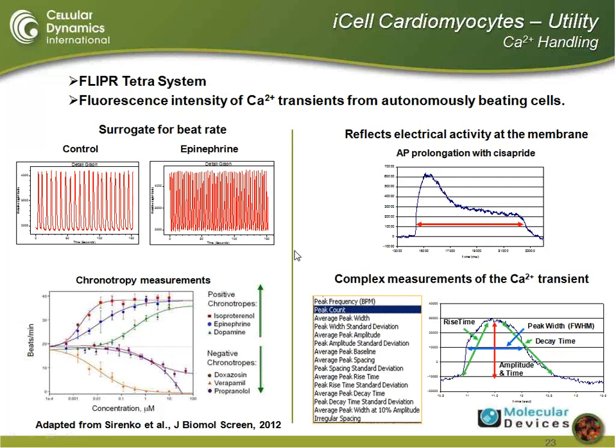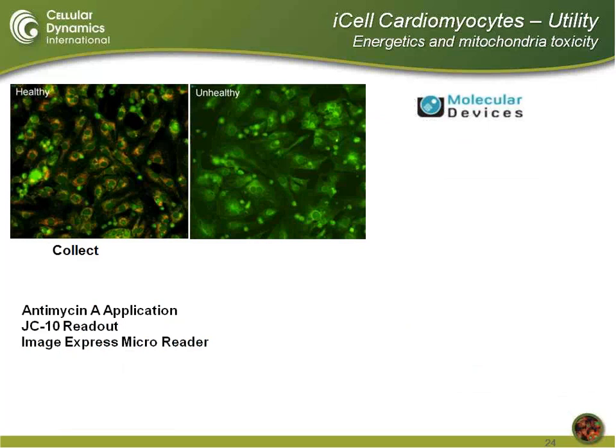And more importantly, the FLIPR Tetra really brings us more into the higher throughput screens. So you can perform these experiments in 96-well plates or 384-well plates, which makes them very conducive to high throughput screening and discovery experiments. So sticking with that, this work was done on the ImageXpress Micro, looking at a JC-10 readout using Anamycin A as a mitochondrial toxicant.